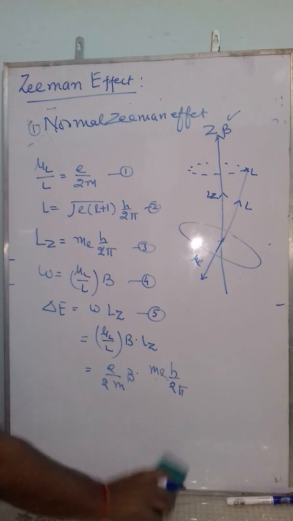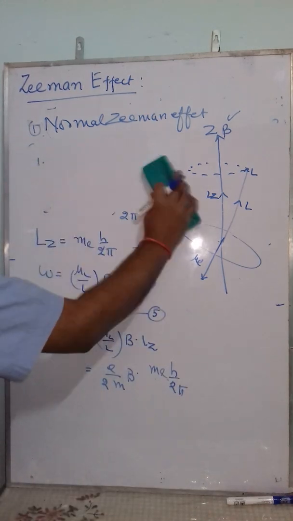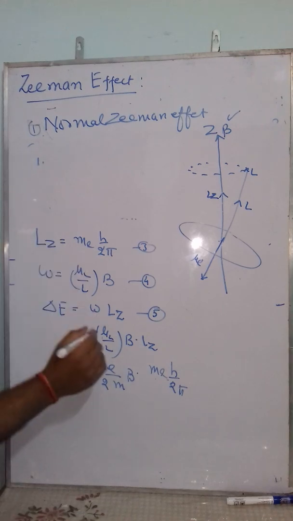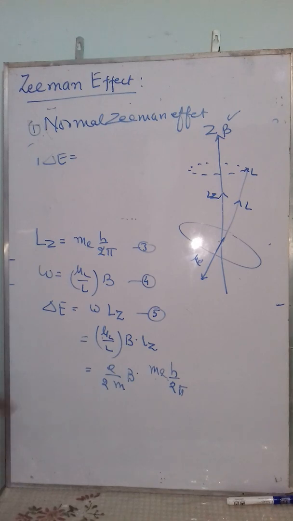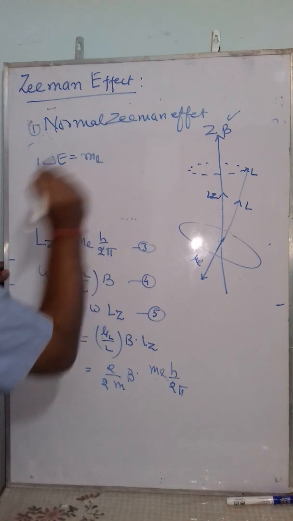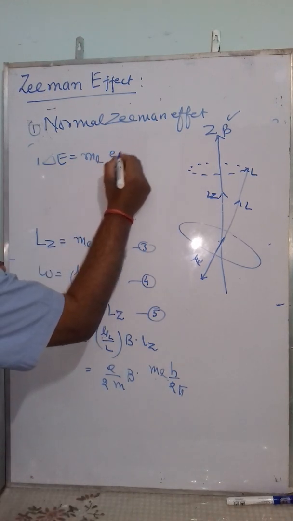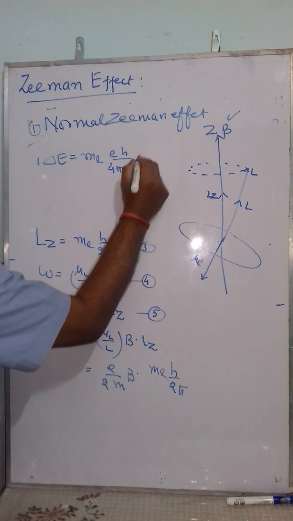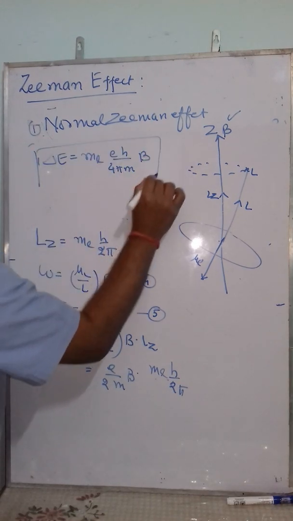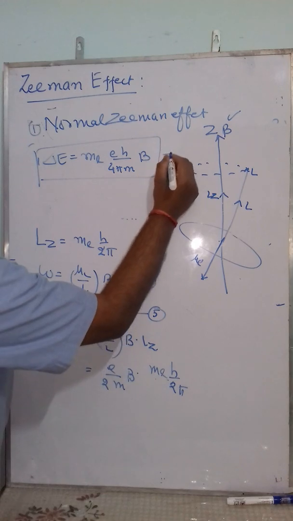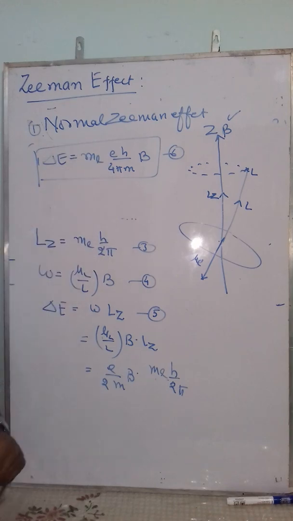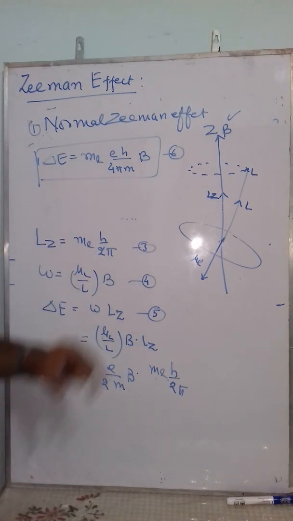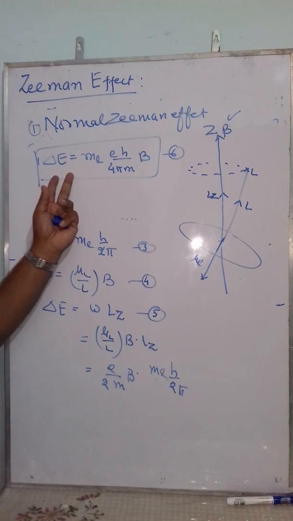So delta E is equal to ml into e h upon 4 pi m into B. This is a very important equation, equation number 6. This equation represents the change in energy due to the presence of the magnetic field. If you remove the magnetic field, putting B equal to 0, delta E is equal to 0.